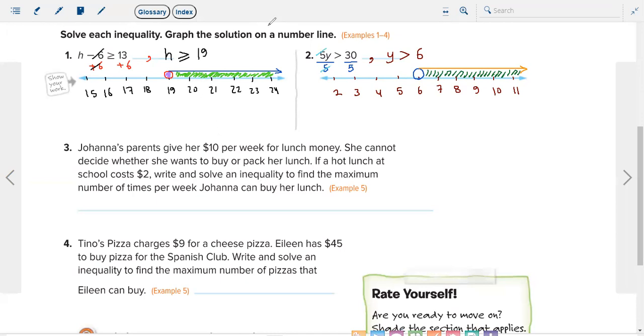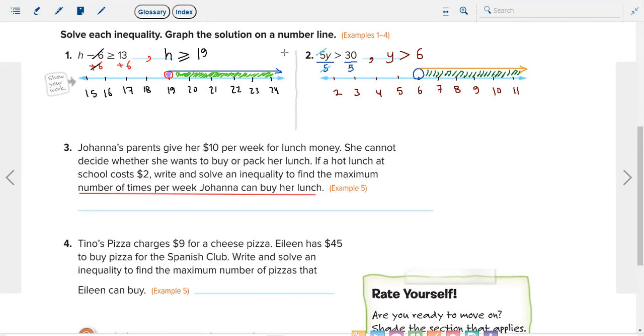So this is the variable. As I told you, you must search for the variable in the problem. And the variable really exists in the question. I'm saying write and solve an inequality to find what? The maximum number of times per week Joanna can buy her lunch.